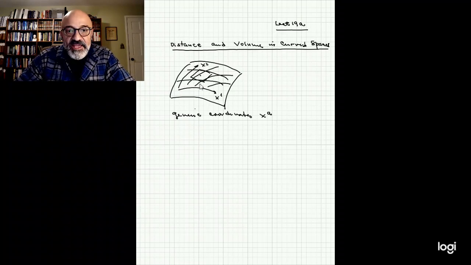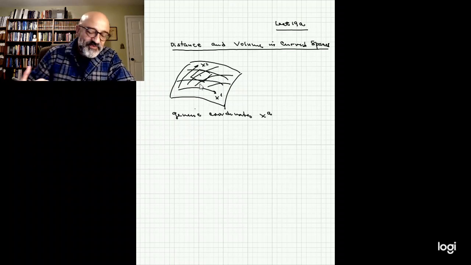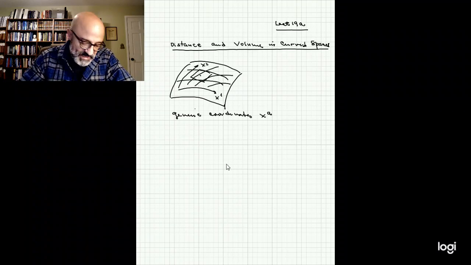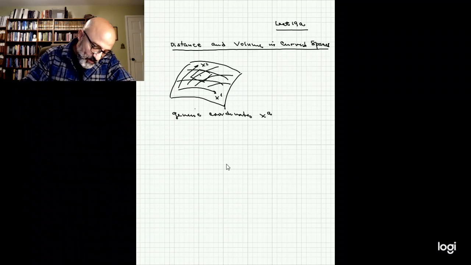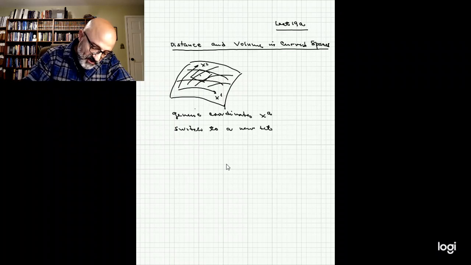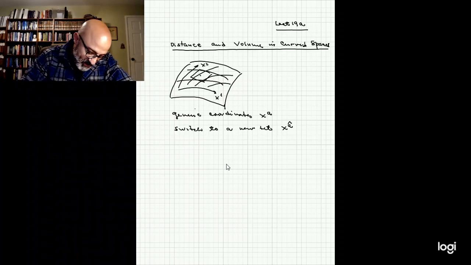Now, if we want to add a notion of distance to this space, the way we do it is we switch to a new set of coordinates. Let's call them x-hat^a, so let us distinguish them with a hat. And how do we do the change?